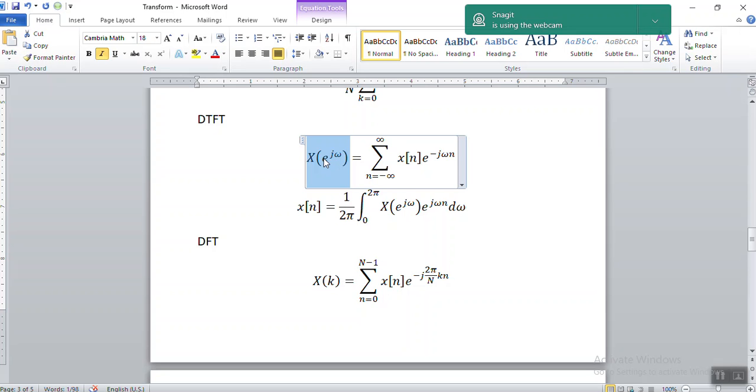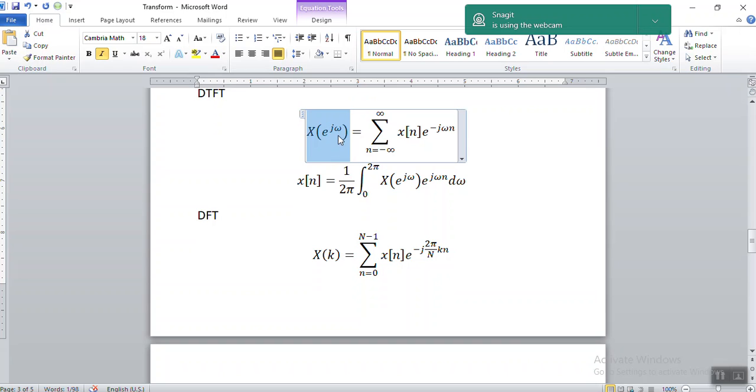Suppose that the maximum range of omega is 2 pi. Now, suppose I need capital N equally spaced samples out of the infinite number of frequency samples over the range 0 to 2 pi.